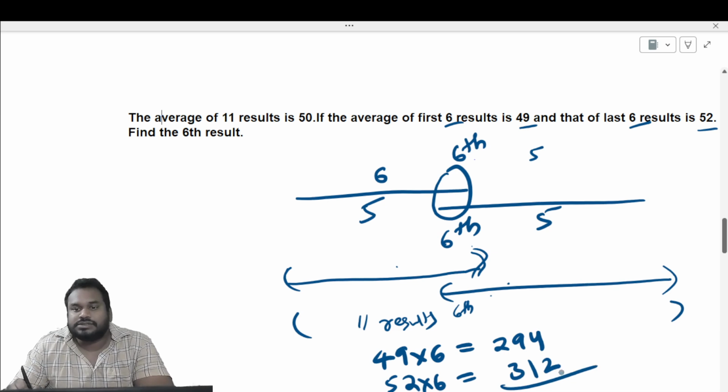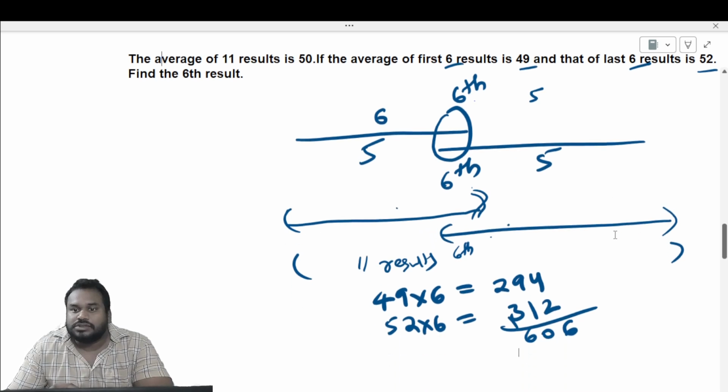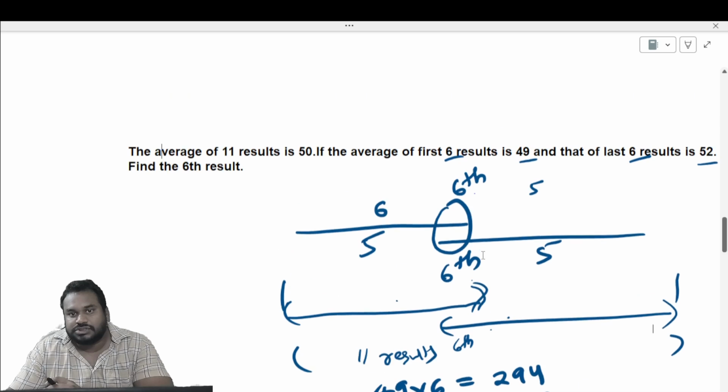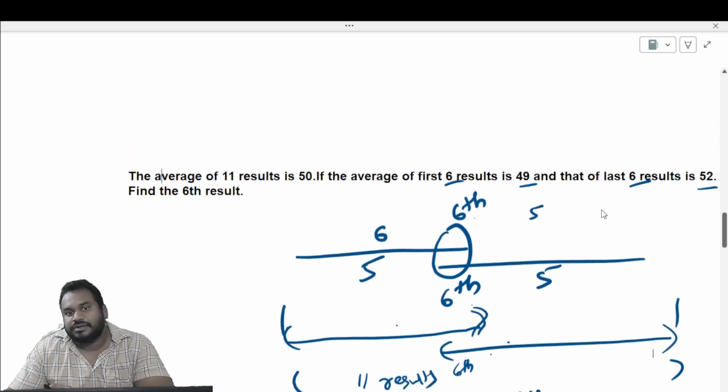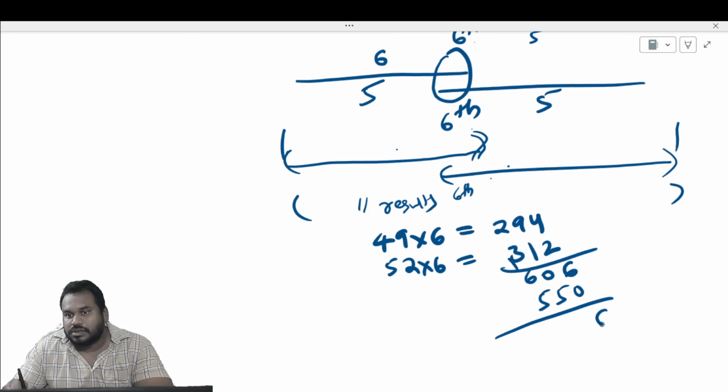So you add these two, 606. From this, you subtract the sum of all the 11 numbers. How can you do that? Average into total numbers. So 50 into 11, 550. So now 606 minus 550.